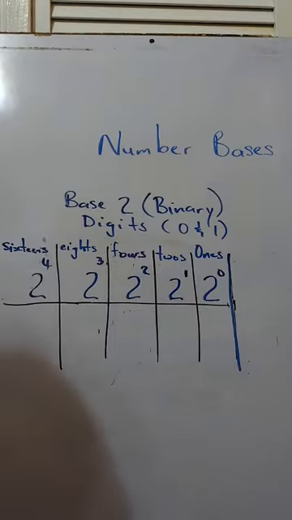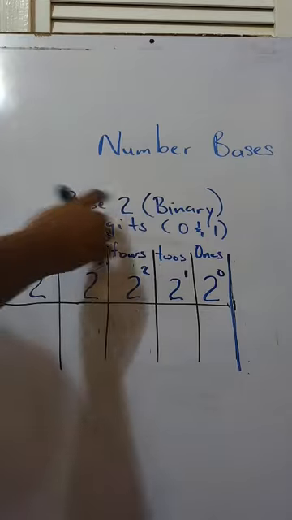Now, we must also take note that a number system has a certain number of digits. We would have been used to our base 10 system that has the digits from 0 to 9, and any number in the base 10 system would be comprised of those digits. So if you're making a number, you have to use those digits.